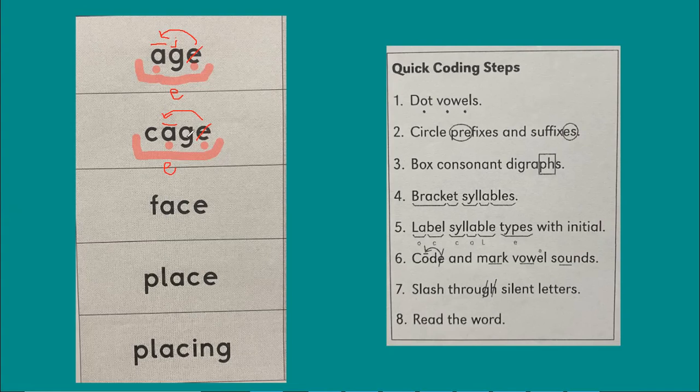And this G here, since there is that E after it, like we learned today, we worked on soft G's, and that makes the J sound. So put a J there. And that's all we do for this one. Let's do the next one together.